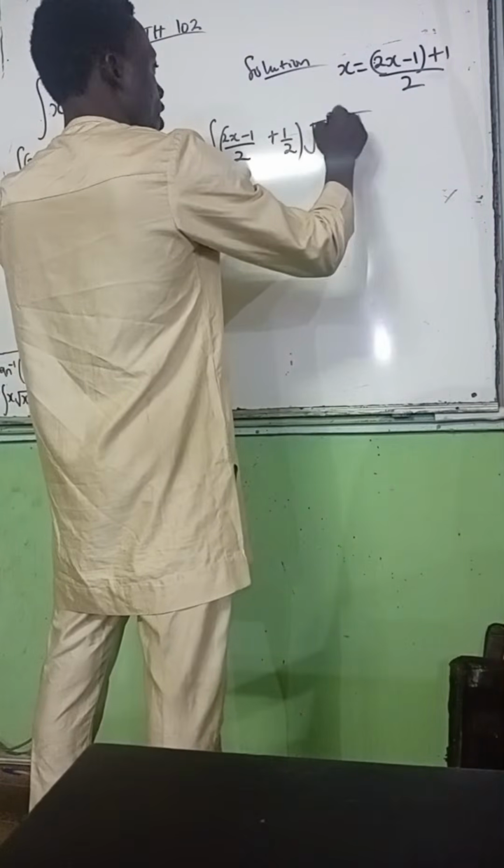I'm just showing it because I want to multiply by root x squared minus x dx.